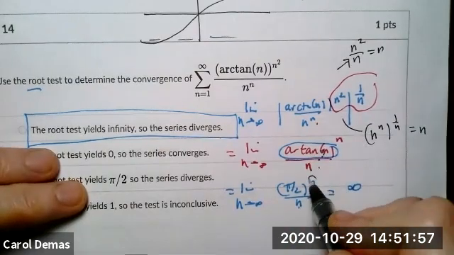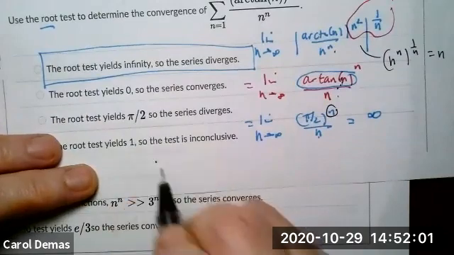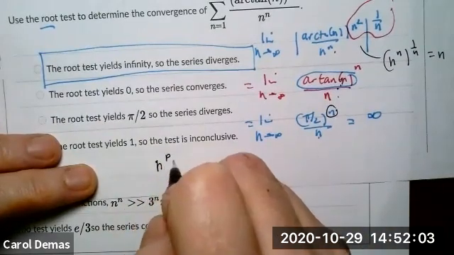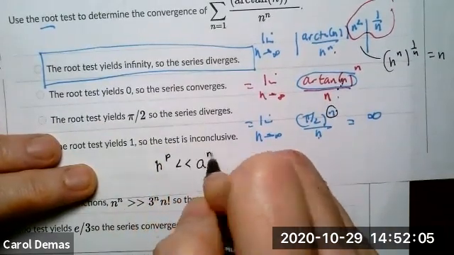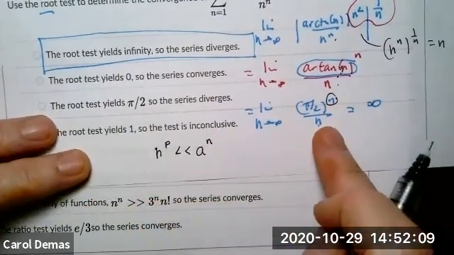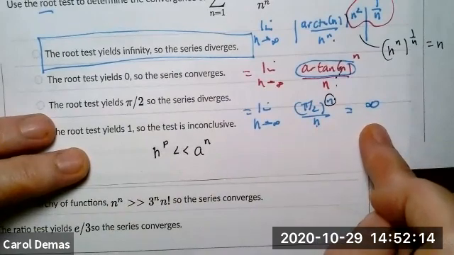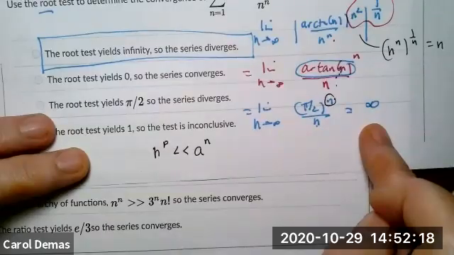Now, when n is in the exponential position, remember in the hierarchy of growth rates, n to the p doesn't grow as fast as a to the n. So the exponential is growing faster than the polynomial, so we get infinity in this limit. That's true. You got it?